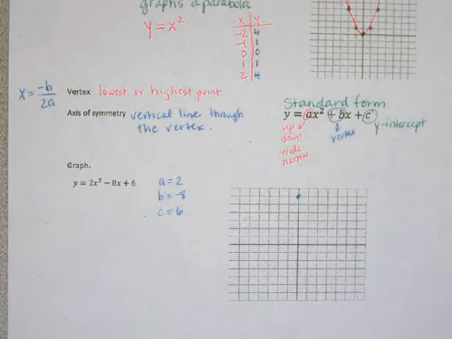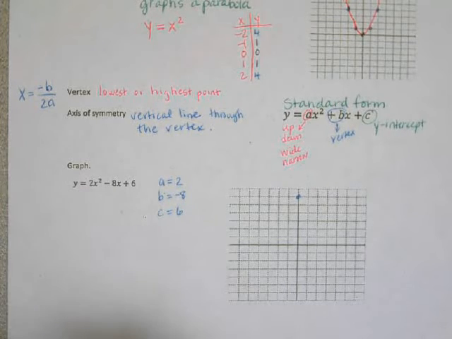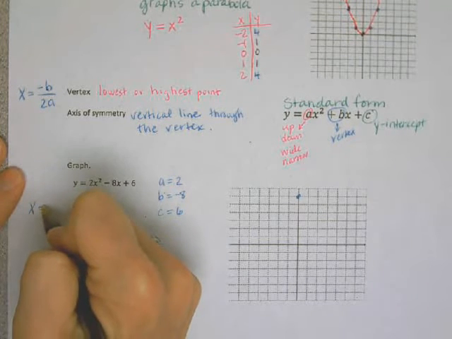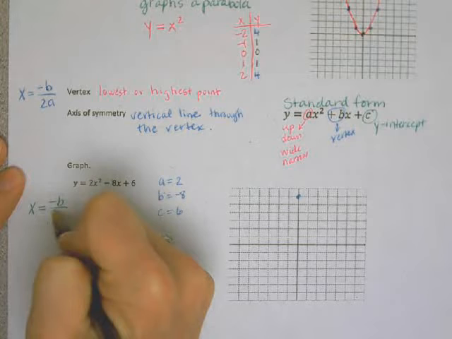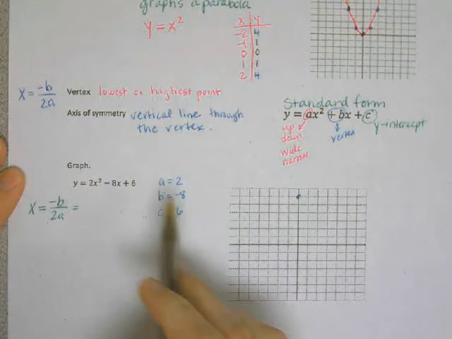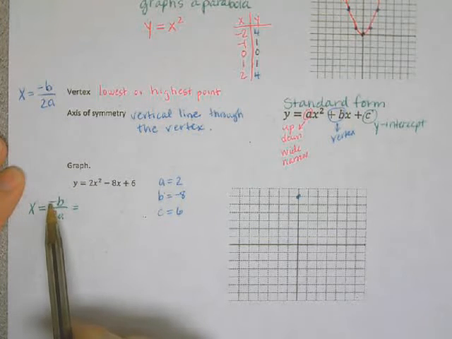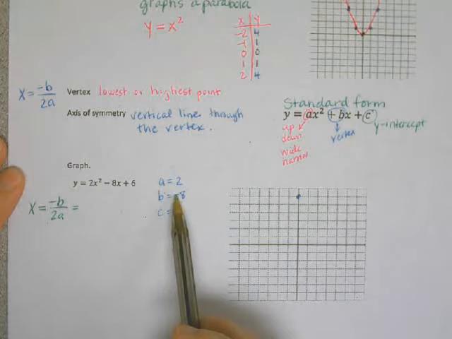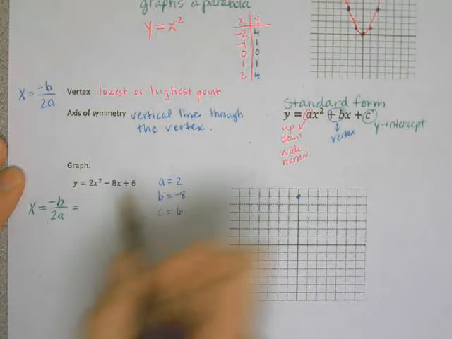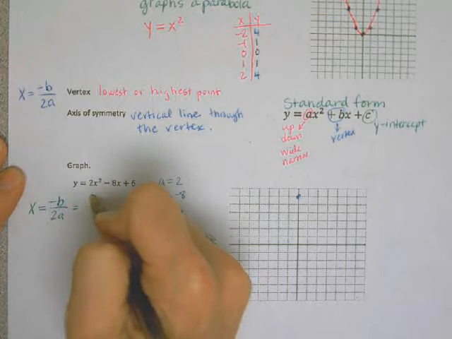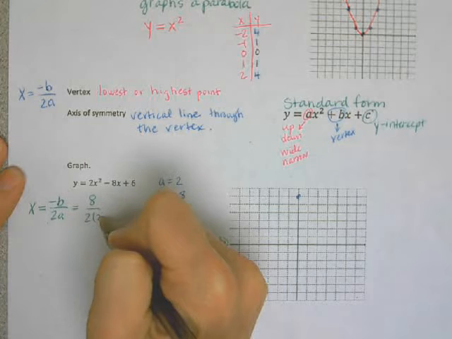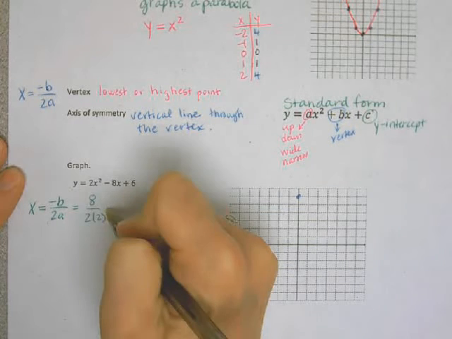So a is 2, b is negative 8, and c is 6. The first thing I think that's the most important is to find your vertex. So x equals negative b over 2 times a. Negative b, I guess I could have said opposite of b, so what's the opposite of negative 8? That would be a positive 8 over 2 times 2, because my a is 2.